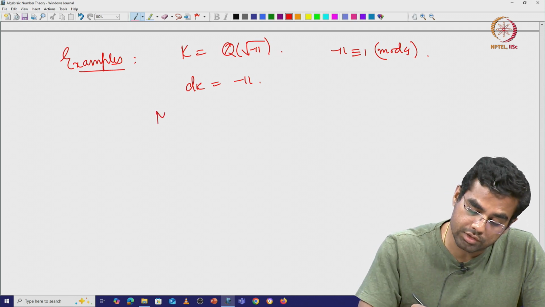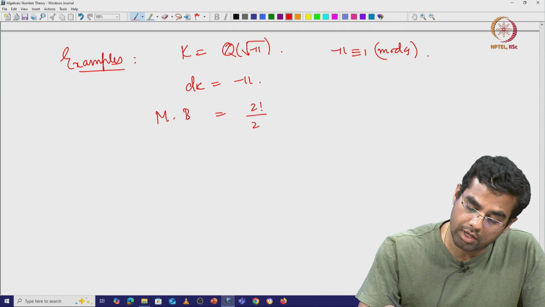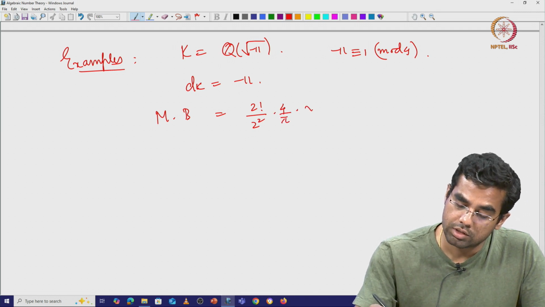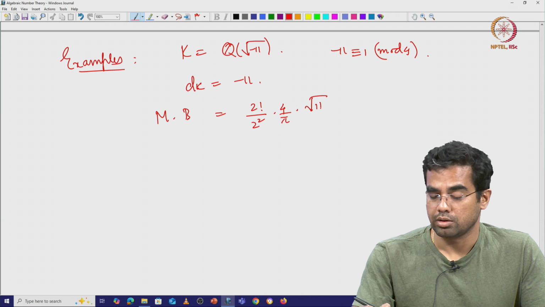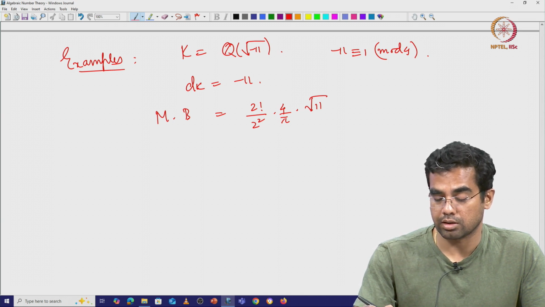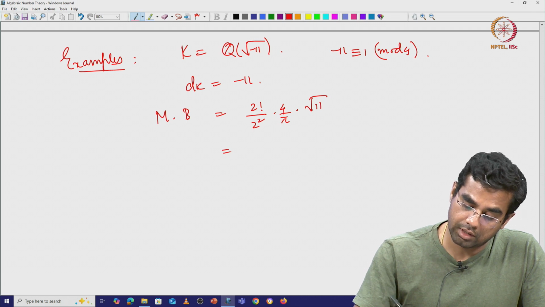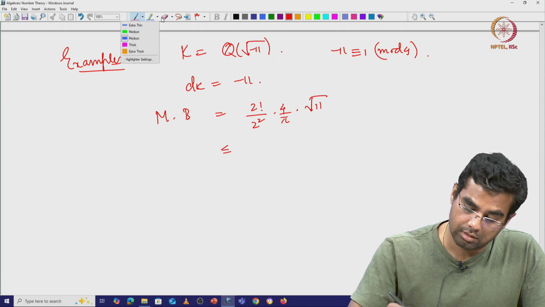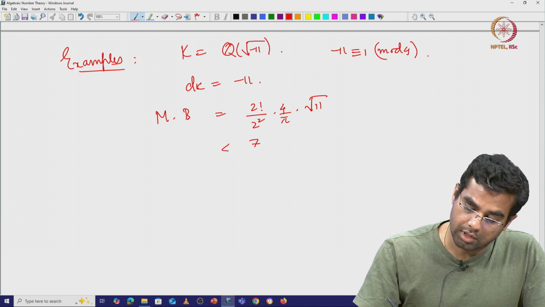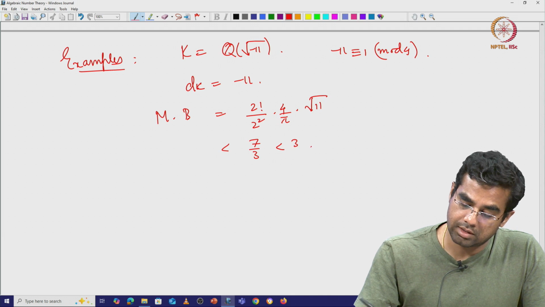And so, the Minkowski bound is 2 factorial by 2 square times 4 by pi into square root of 11, and square root of 11 is certainly less than 3.5. So, I get something like less than 7 by 3, let us say, which is certainly less than 3.